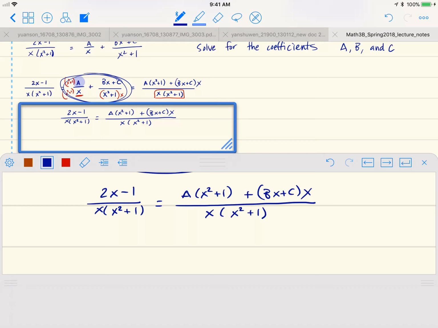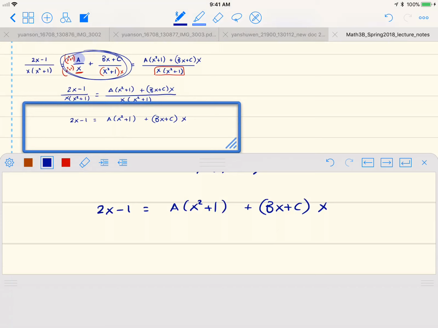The left-hand side is equal to the right-hand side, and the denominators are equal, so it must be that the numerators are equal. So 2x minus 1 is equal to a times x squared plus 1 plus bx plus c times x.